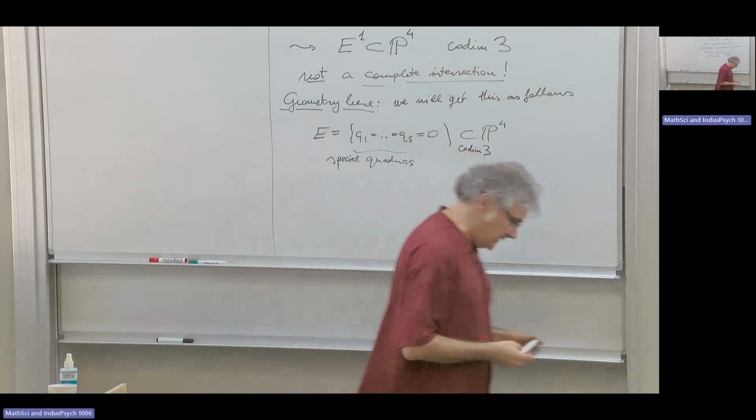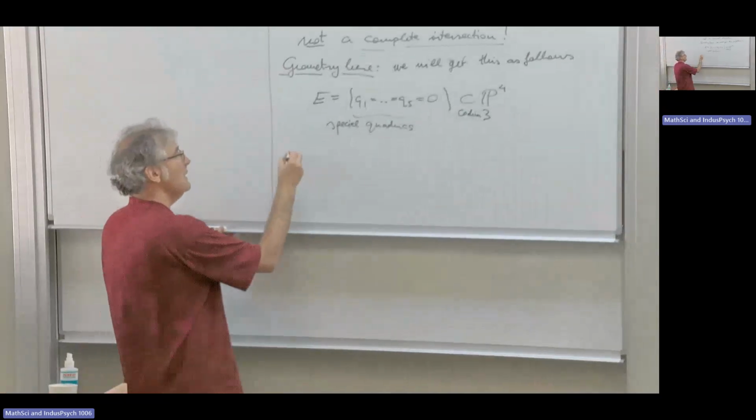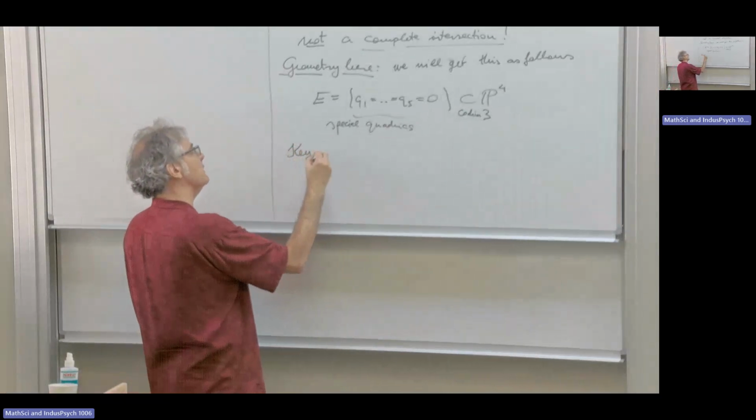And so the next key idea here, and again, the name is Miles Reid's. This is not necessarily a brand new idea, is to think about some things that he calls key varieties.